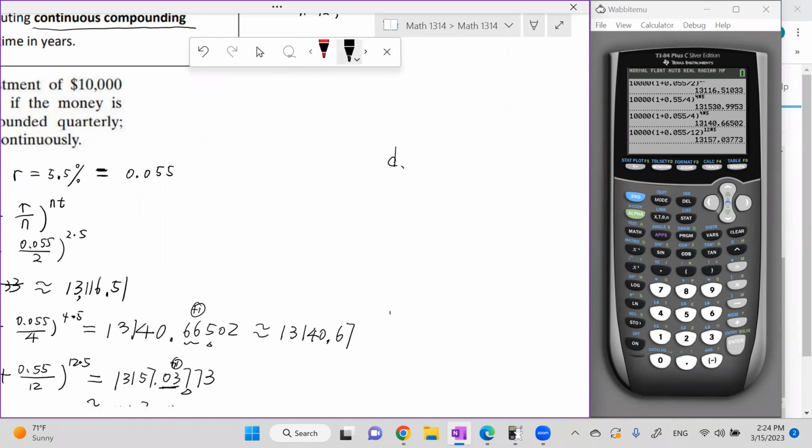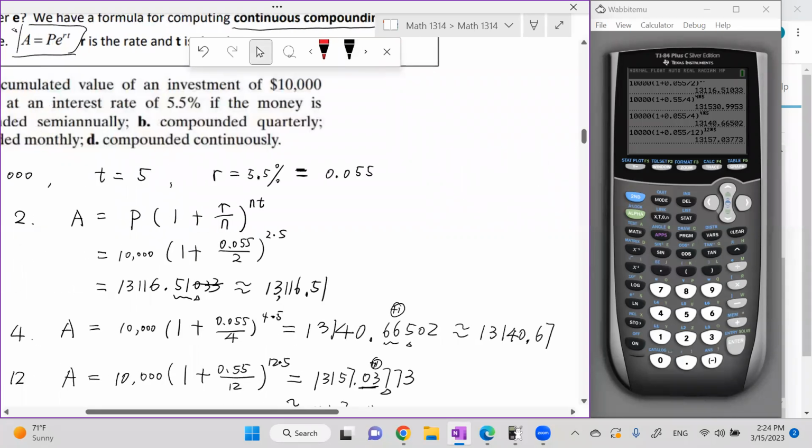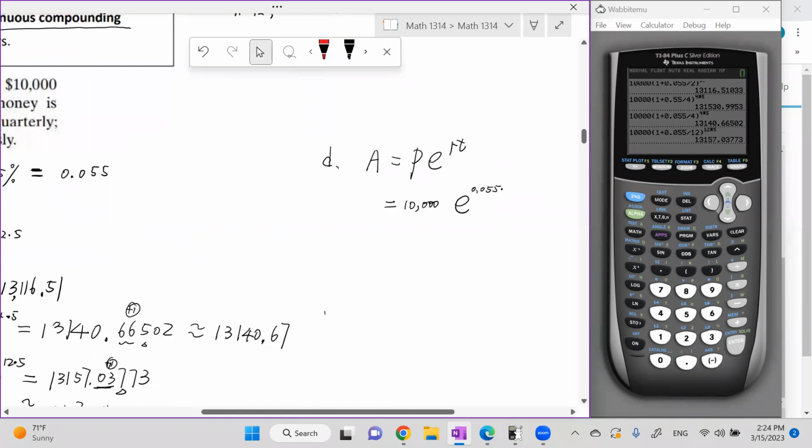Future value A equals P times e to the rt, and P is 10,000, times e to the r, where r is 0.055. And the t, what is the t? I think it's 5 years, right? Yes, t is 5.